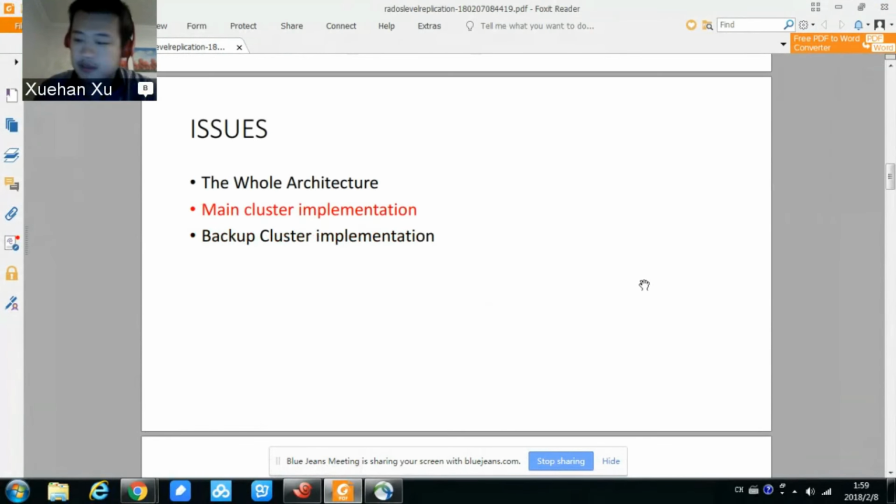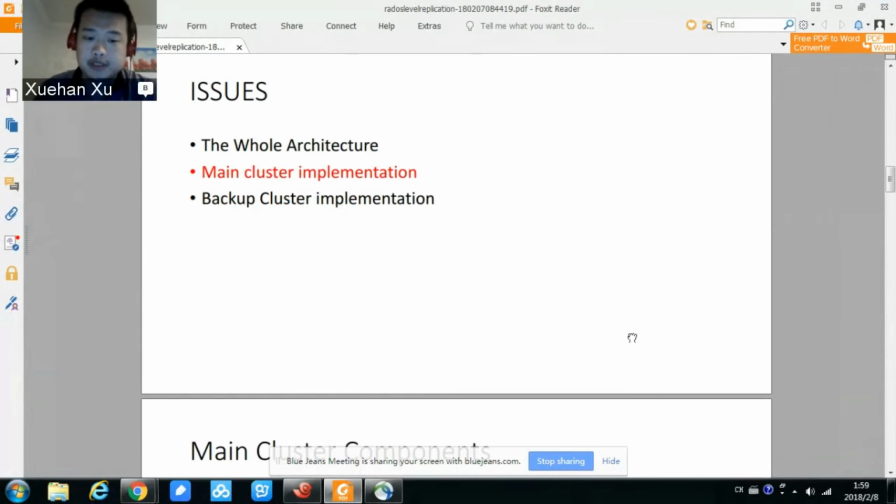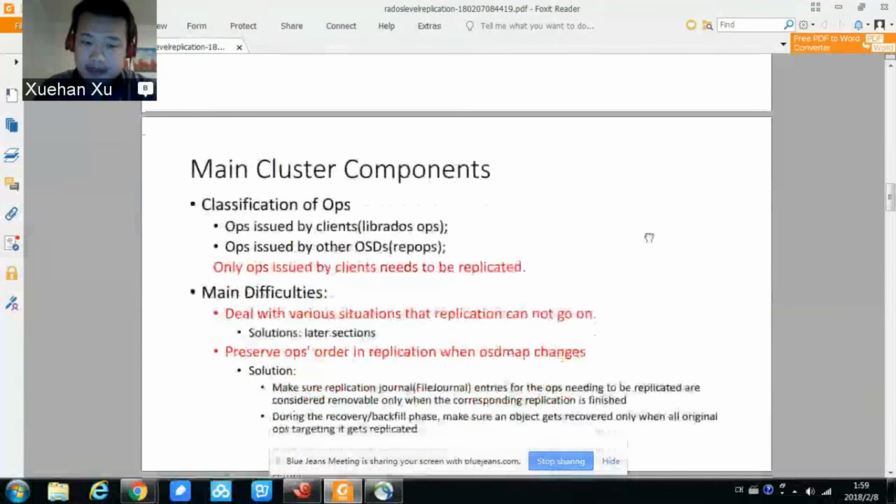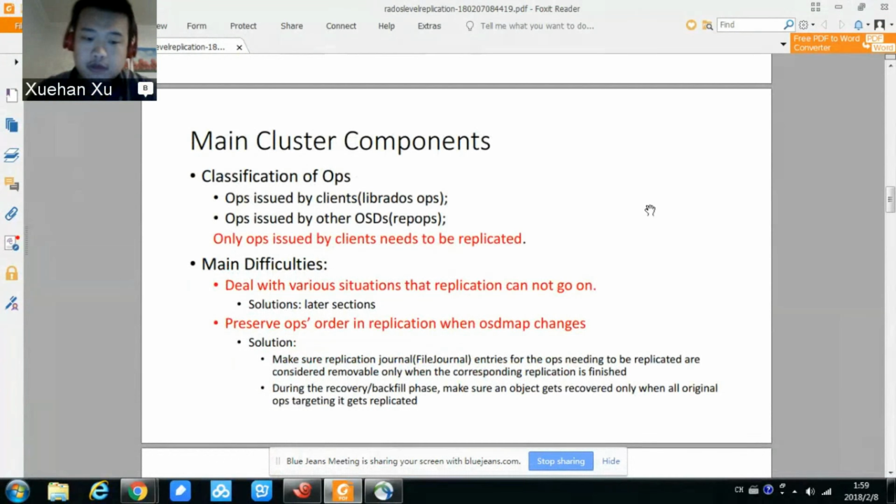So the next section is the master cluster implementation. First, we think that the operations issued to the main Redis cluster can be classified into two categories. The first is those ops issued by the client.